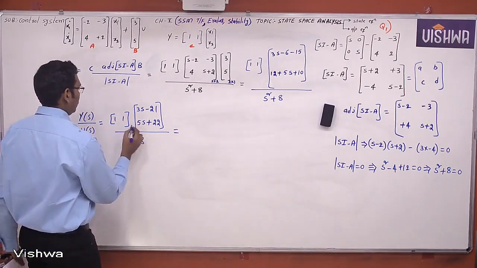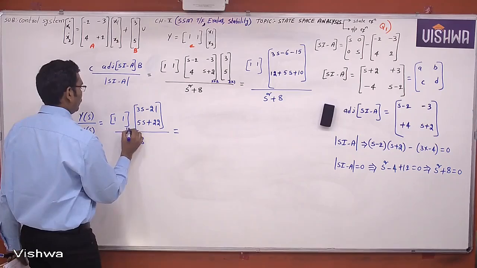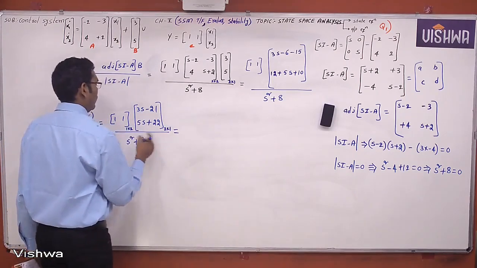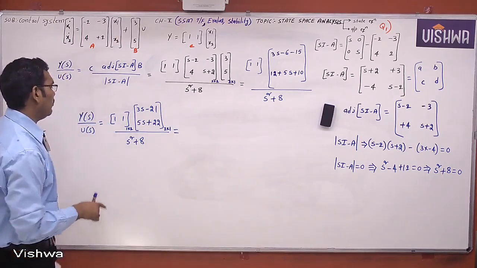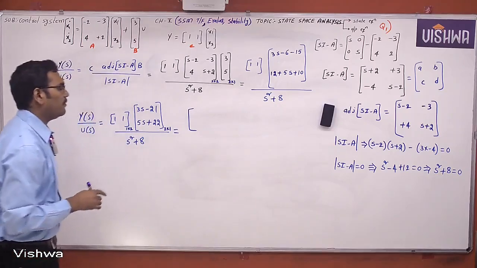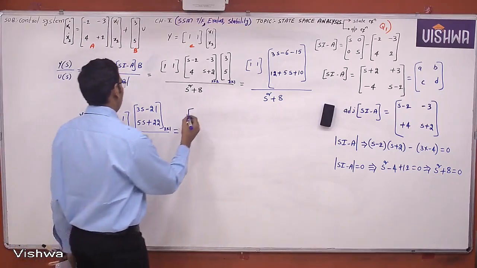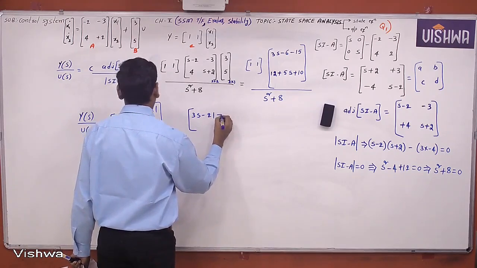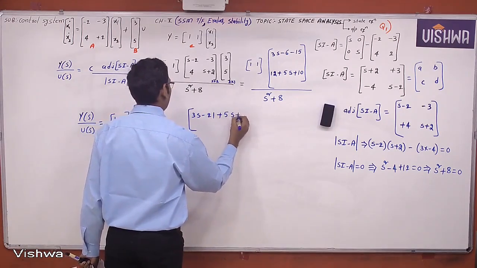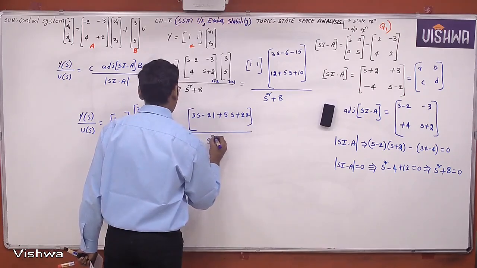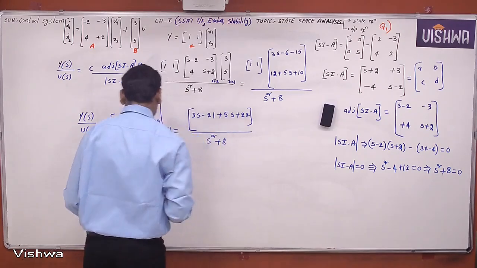This is 1 by 2 and this is 2 by 1, so only a 1 by 1 matrix remains: 3s minus 21 plus 5s plus 22, divided by S square plus 8.